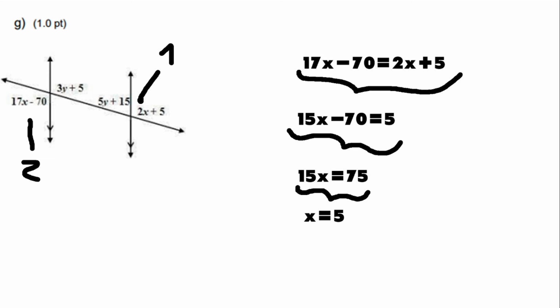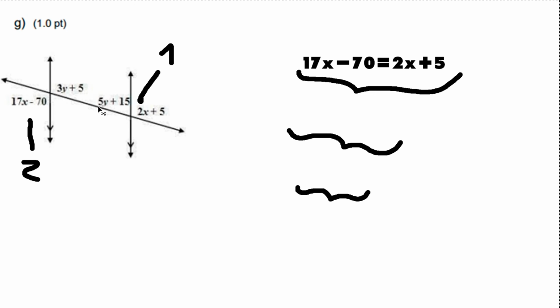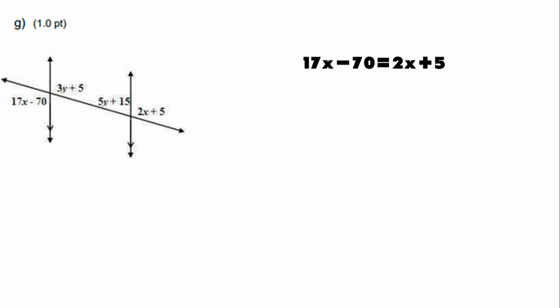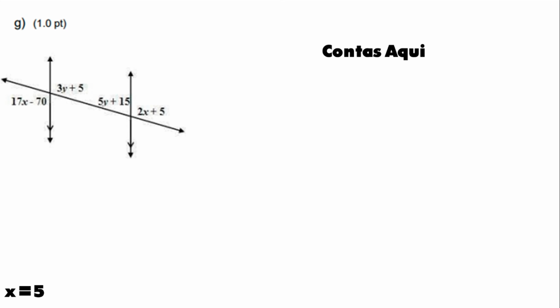Let's move on to the second variable, which is y. We know that x is equal to 5, but we don't know the value of y, so let's discover that right now.